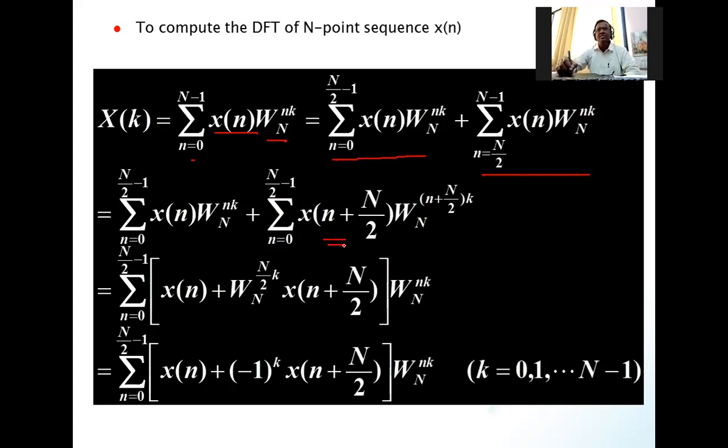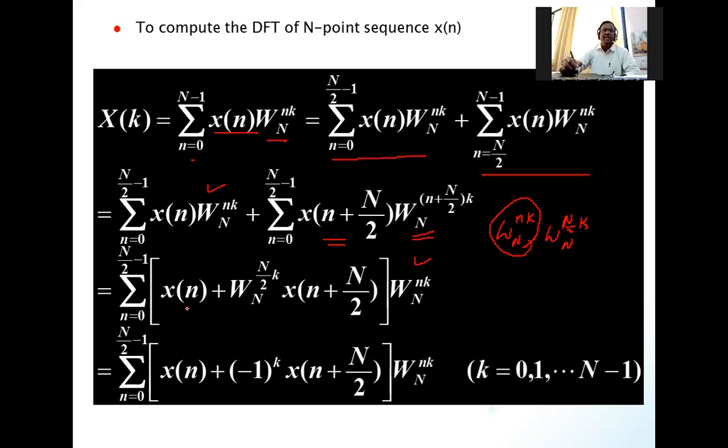Simplifying this further, we write it as x of n plus W_N to the power N/2 k times x of n plus N/2. As we know, I am taking W_N to the power nk as common. If I separate out this part, I can write it as W_N to the power nk into W_N to the power N/2 k. As this term is present in this equation also, we take it common.